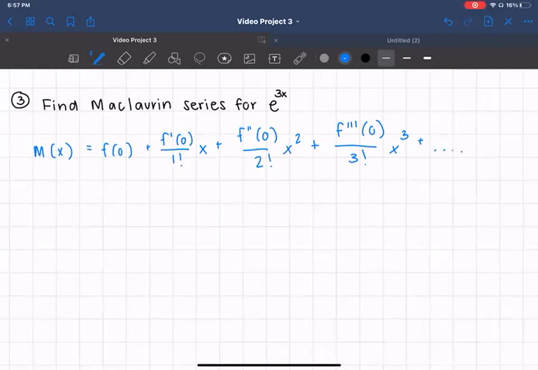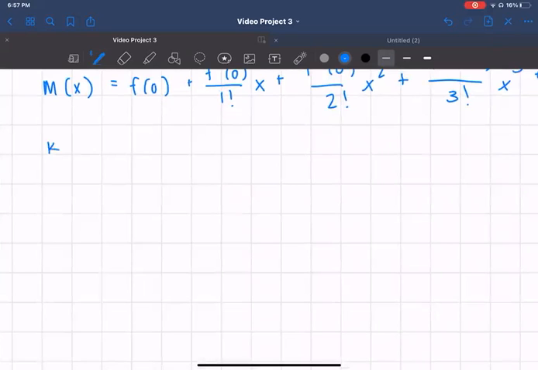And then this just continues as well. So the first step we're going to have to do is to make another table.